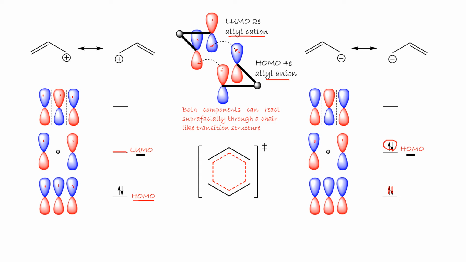Both components can react suprafacially through a chair-like transition state, as we can see. Okay, and this is a 2-dimension view, and here is clearly the 3-dimension view. It's like a chair.